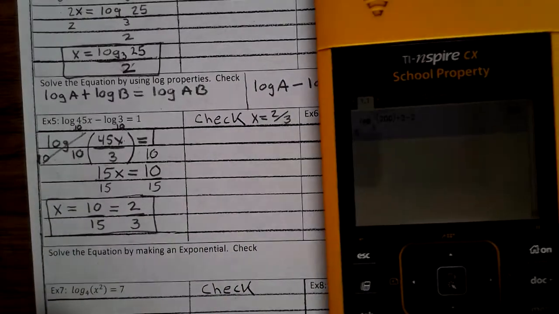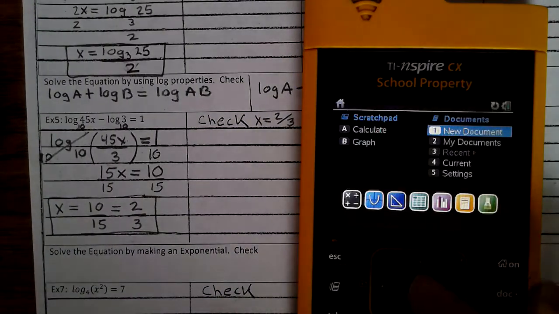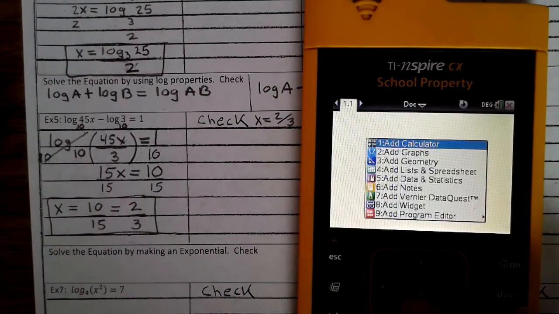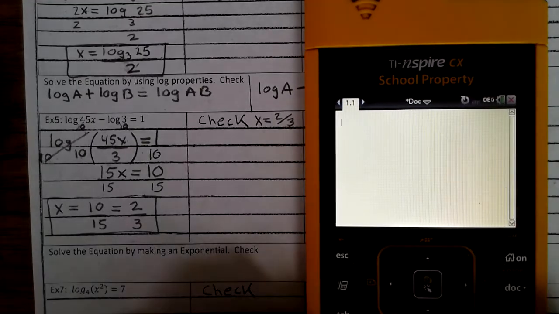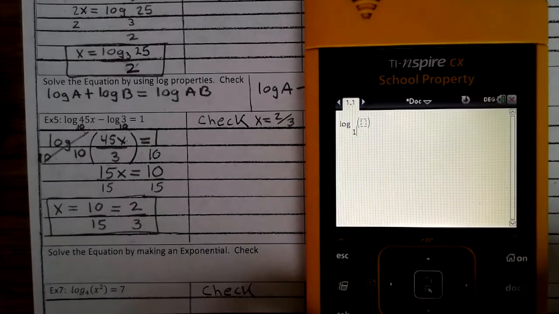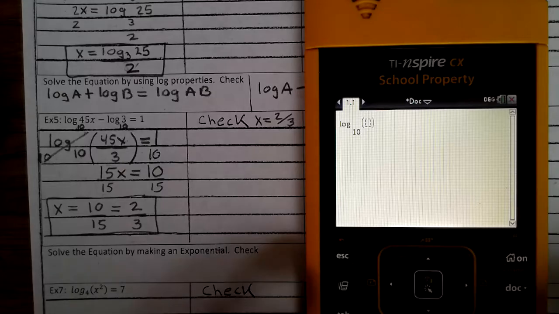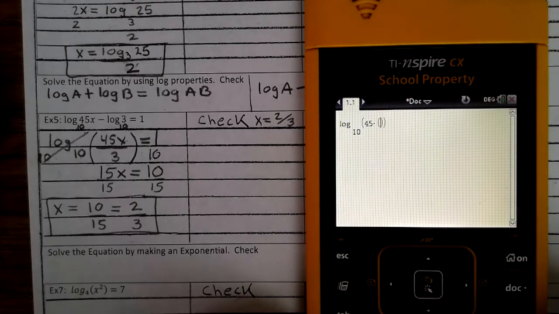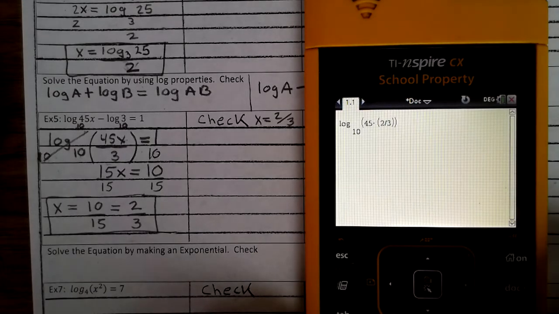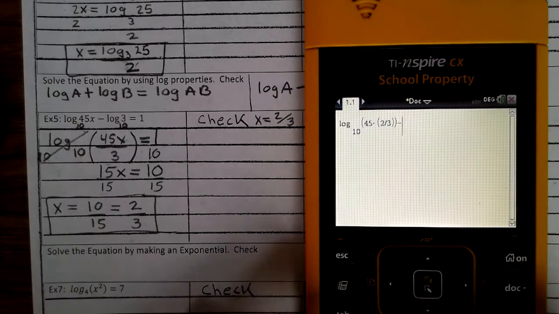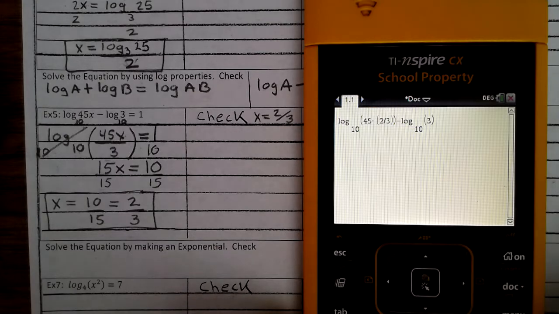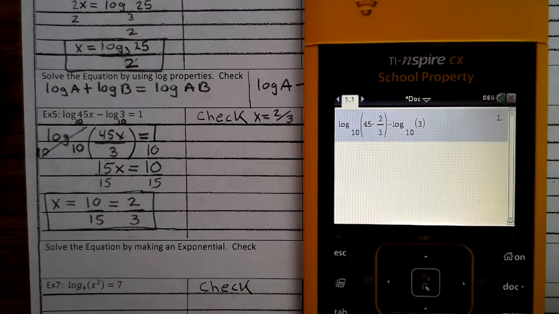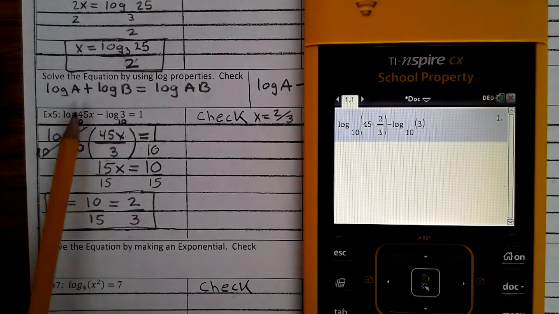So we're going to do control log base 10 of 45 times, let's do parentheses, 2 divided by 3, minus log base 10 of 3 is 1. So we see that 1 equals 1. So this checks. All right, let's take a look at example 6.